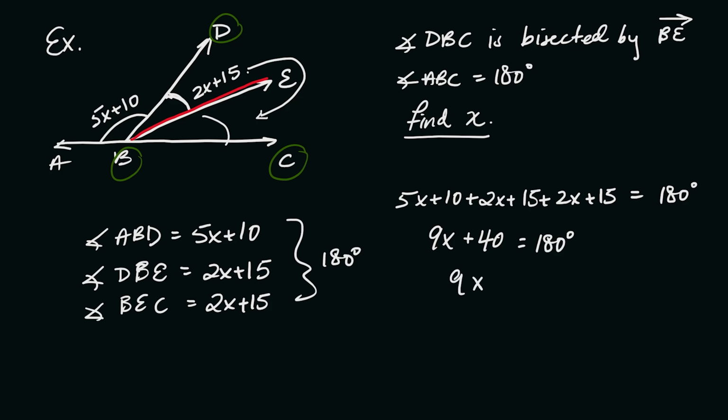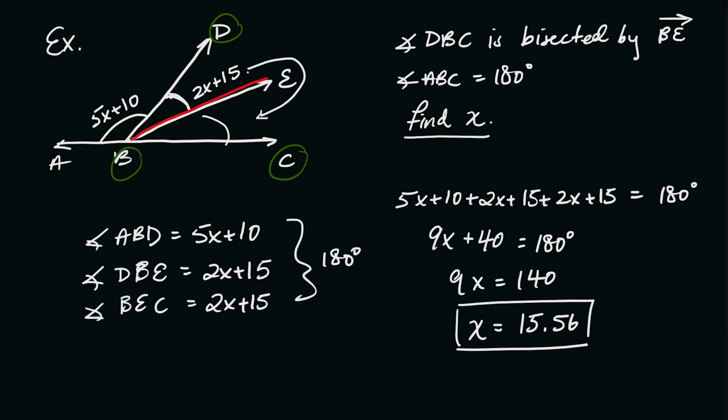Subtract that 40, 9x equals 140, and x would equal, let's see, 140 divided by 9, that'll be 15.56, right? Just round that. That is what we get for our x.